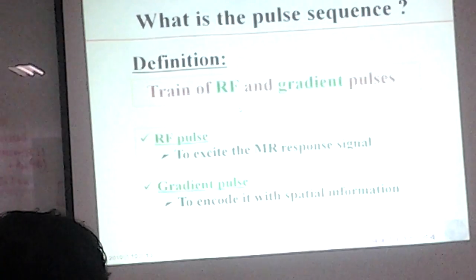RF coils are related to the energy of the MR system, and the gradient coil is related to the spatial information. So the role of the RF pulse is to excite the MR response signal, and the gradient pulse is related to encoding it with spatial information. So we will discuss this RF pulse and gradient pulse today.